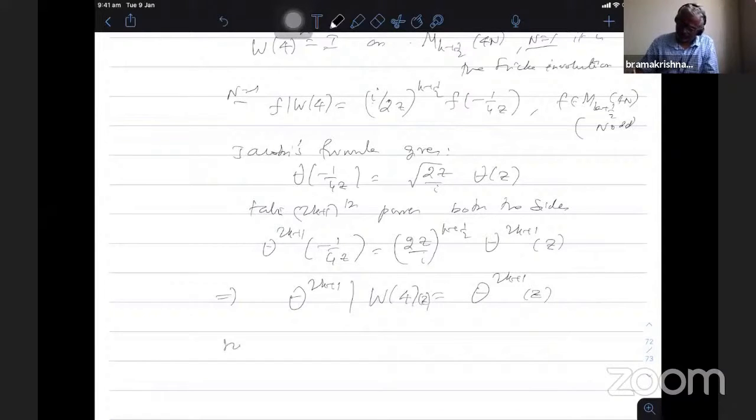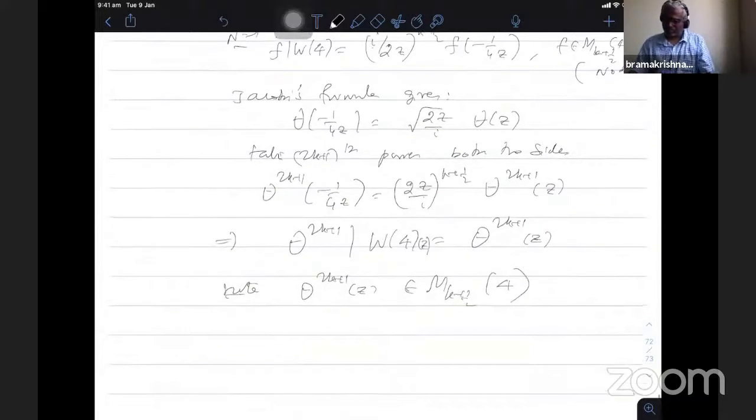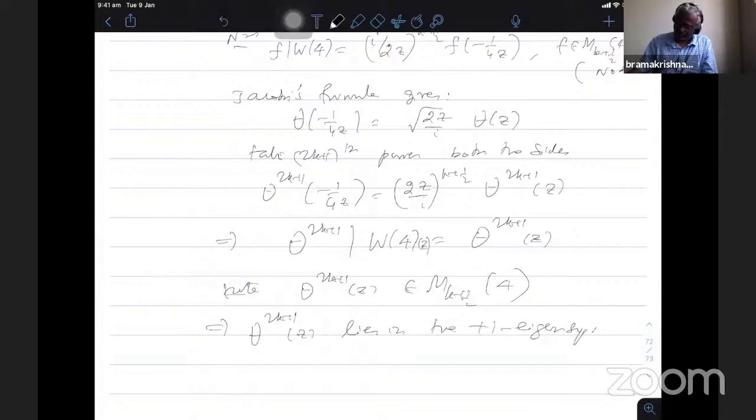So note that theta power 2k plus 1 of z belongs to M_{k+1/2}(Gamma_0(4)). So this is a function in level 4, and it is an eigenfunction under the W4 operator with eigenvalue plus 1. So in this case, this implies theta power 2k plus 1 of z lies in the plus 1 eigenspace with respect to the W.